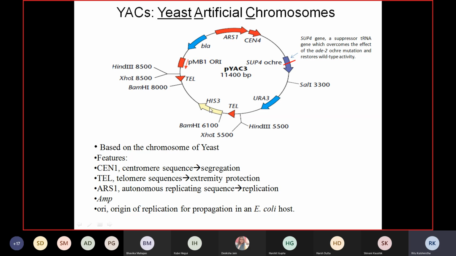These genes, HIS and URA3 etc., can tell you which yeast has taken up the plasmid, but they cannot tell you which yeast has taken up the plasmid with the recombinant in which your gene has been inserted. So for that purpose we need certain screening markers, and SUP4 is one of the screening markers. So what they have done is they have added a multiple cloning site here.